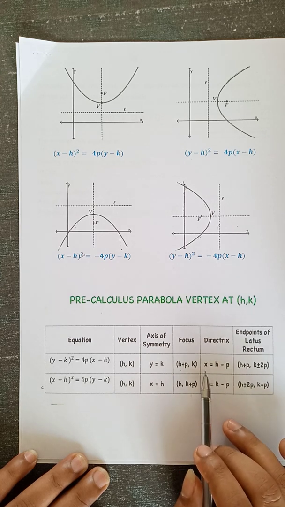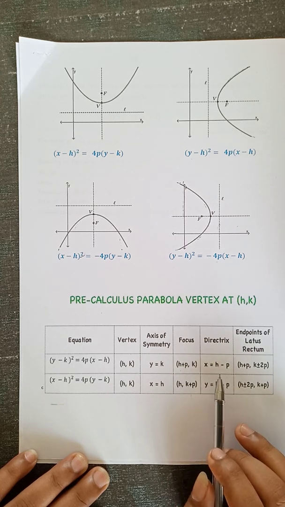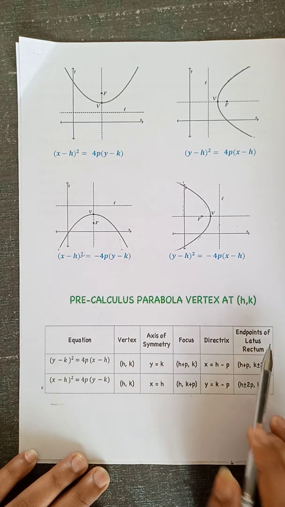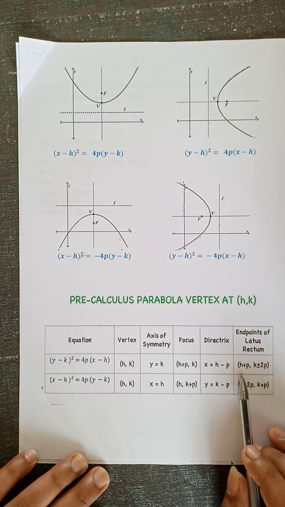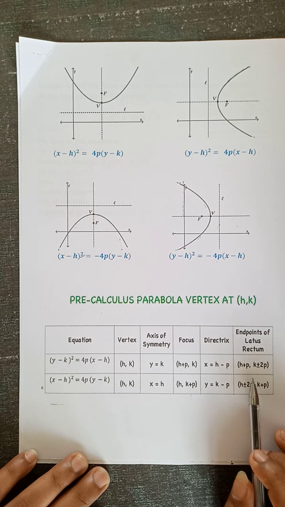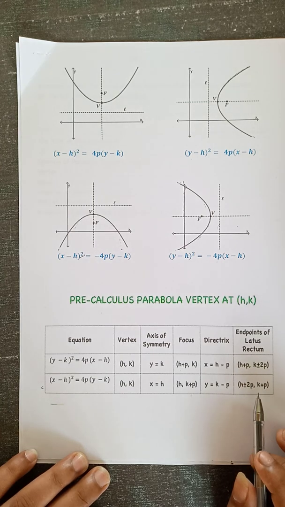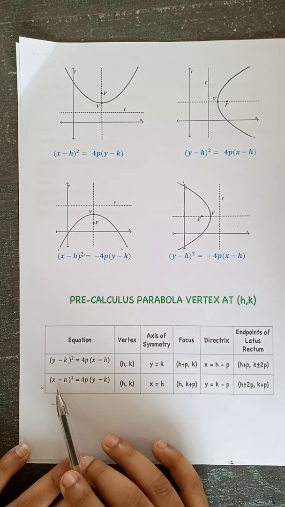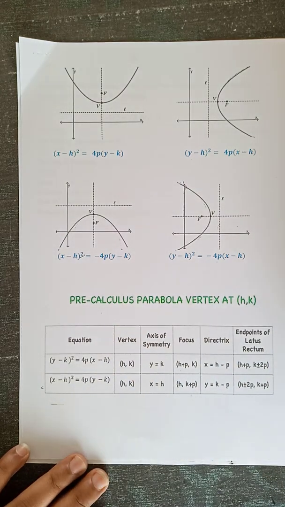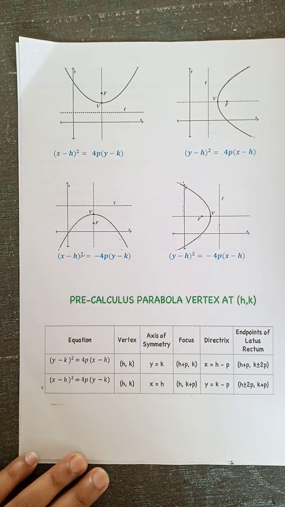Directrix is x equals h minus p, and the endpoints of the latus rectum are at h plus p and k plus or minus 2p. The same with x minus h squared equals 4p times y minus k.